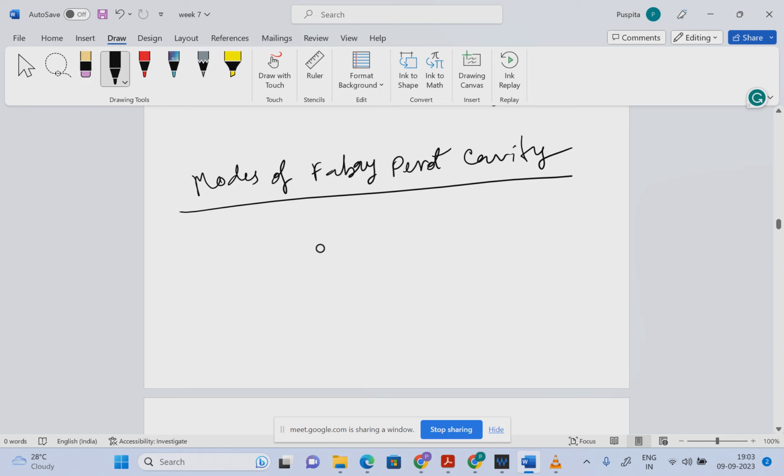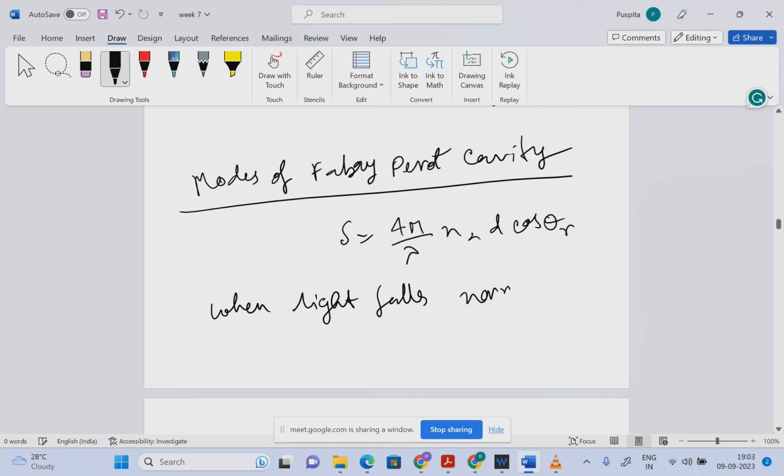In terms of frequency, the new variable is mu instead of lambda. From the equation we know that delta is equal to 4 pi by lambda n d cos theta r. So when light falls normally, theta r is equal to 0.